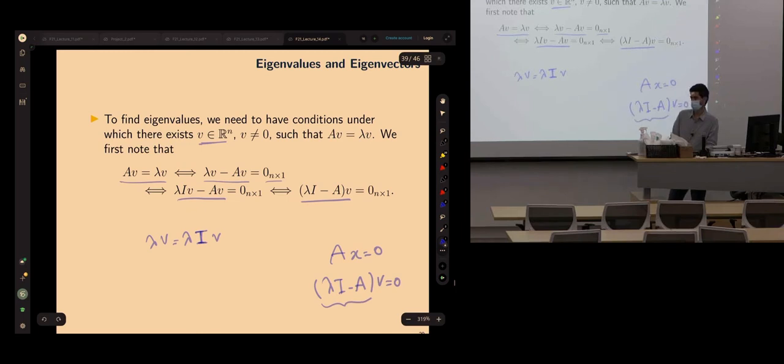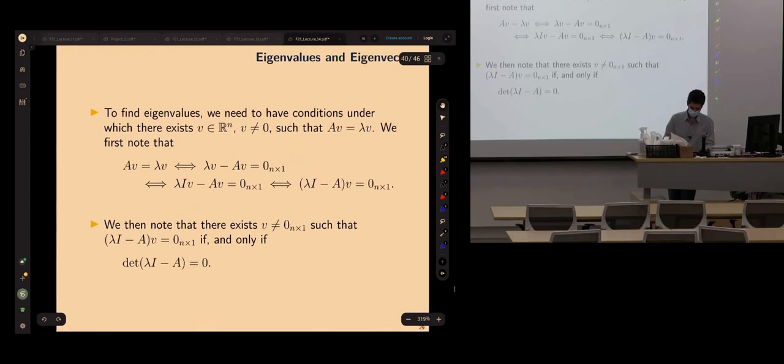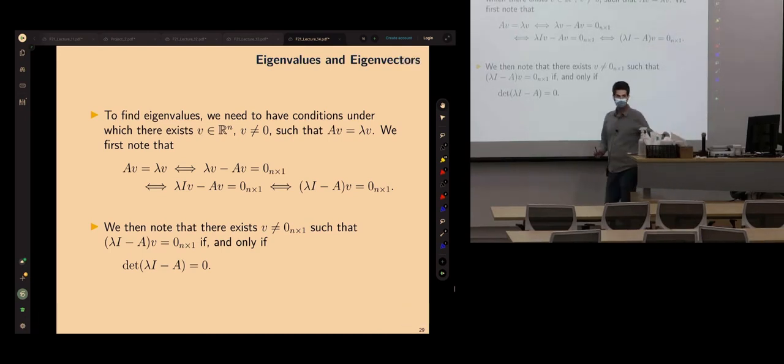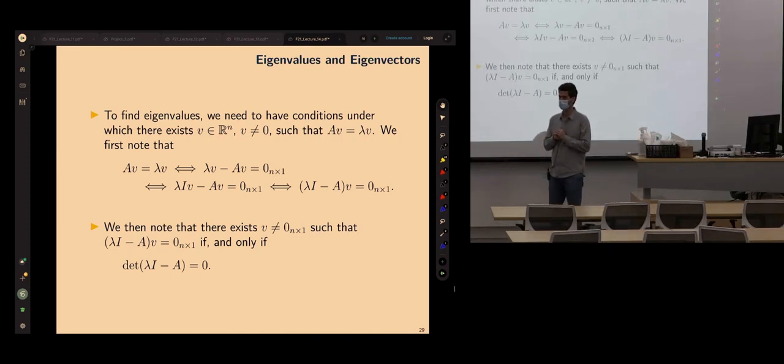This is just another matrix, a new matrix. But lambda is also a variable. Now, note that if v is not 0, the only way there's going to be a non-zero vector solution of a homogeneous system of linear equations is that the determinant of this matrix is 0.